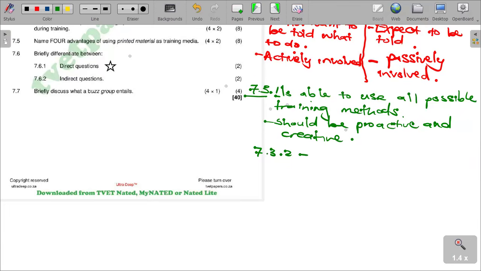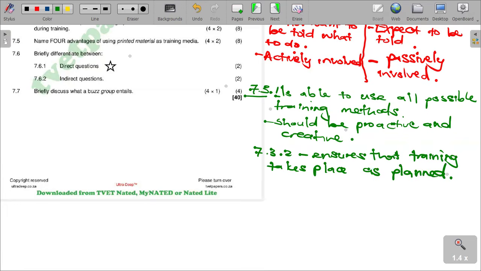Supposed to ensure that training takes place as planned, and within a planned time span and a planned budget.